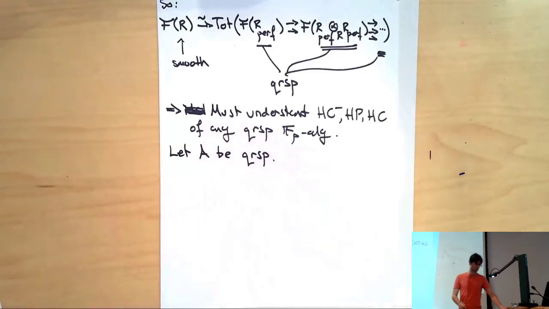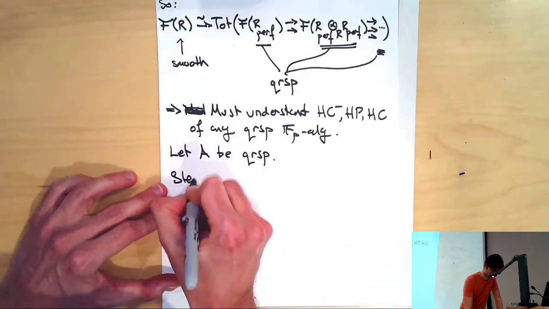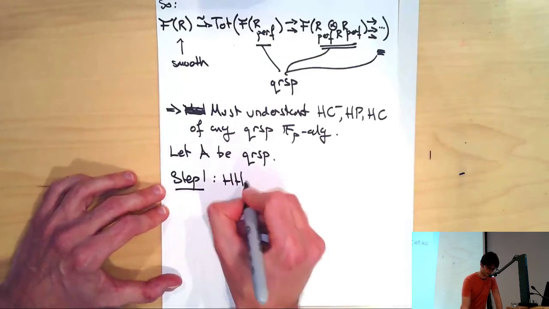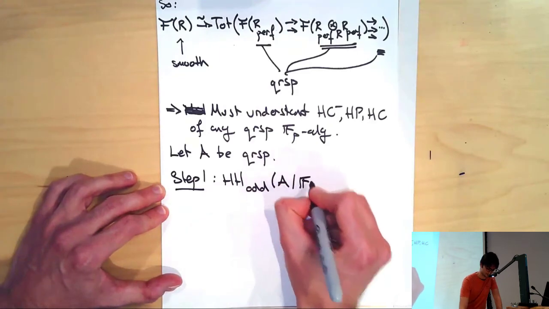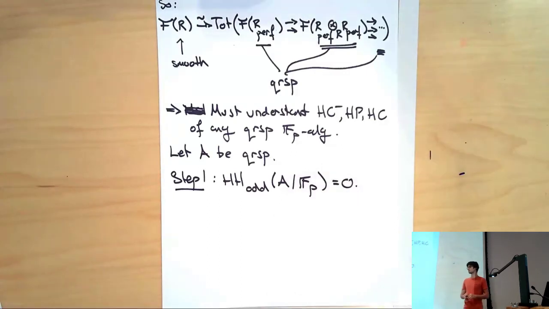So I take A to be some quasi-regular semi-perfect ring. And step 1, the first thing one checks is that the odd Hochschild homologies of this type of algebra all vanish, which is why I've been laboring this point now twice, that in the case in which the odd Hochschild homologies vanish, somehow all the information that we want is just encoded in the data of an HP0.